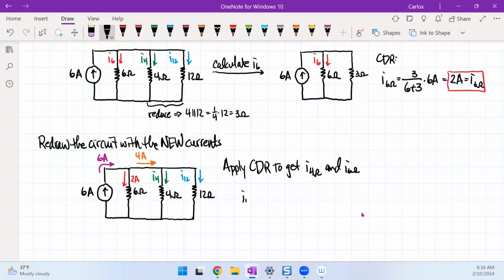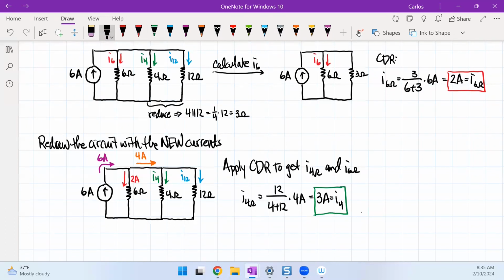So then I4 ohm is going to be what? It's going to be the opposite resistor. So it's going to be 12, but then it's got to be divided by the sum of the two times now the branch current, which is 4 amps. So this immediately gives me 3 amps for I4. So right away, I can compute that very, very efficiently.